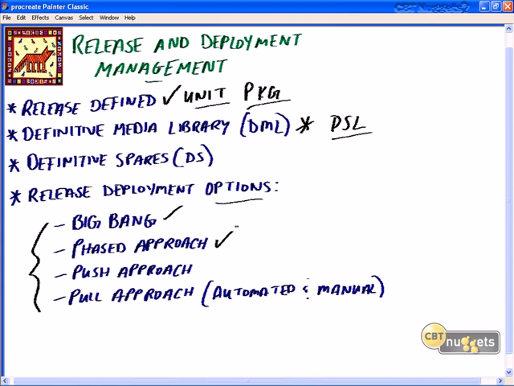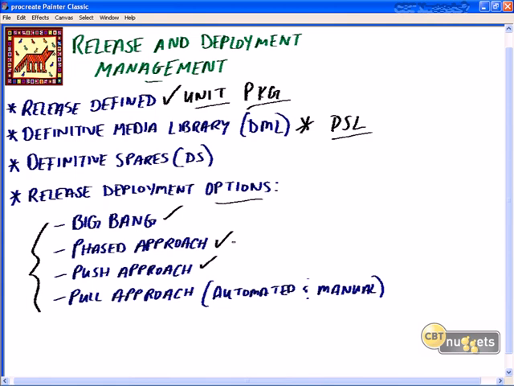You roll it out to them, they use it, and then you continue to roll out subsequent parts to different parts of the user base on a scheduled rollout plan, either department by department, or you can isolate certain types of power users across different departments and business units, roll it out to them first and then to other users. For example, you're in a retail environment where you're rolling out a new point of sale system, and maybe certain stores only or certain departments only are going to get that new point of sale system.